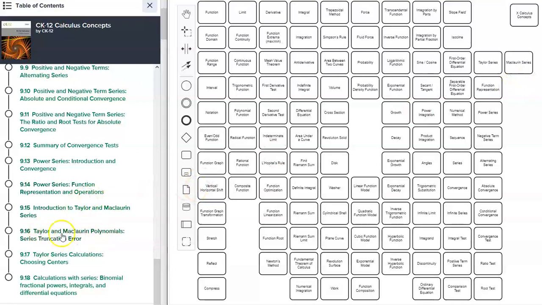And then we have, again, Taylor polynomials and Maclaurin polynomials. So Taylor and Maclaurin, we're doing quite a bit of work, sounds like. Taylor polynomial, Maclaurin polynomial.